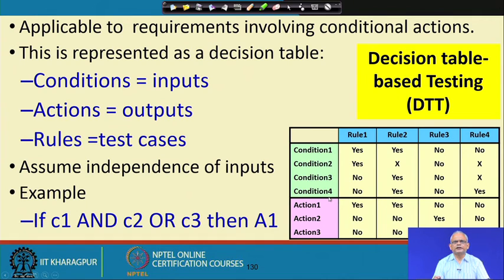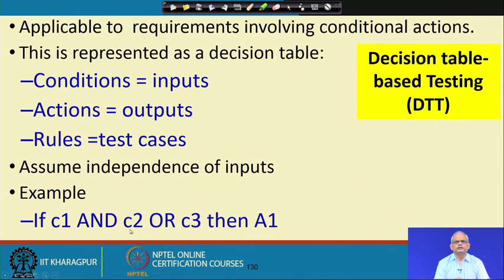Let us see how to generate the decision table, and then once we generate the decision table, we can easily form the test cases. Each of the columns will become a test case. Let us take the example of this condition here. C1 and C2 or C3, then A1. You can observe here that C1, C2, C3 are the input and A1 is the output.